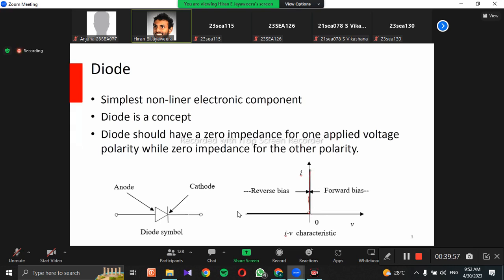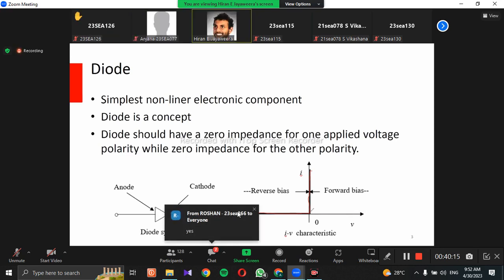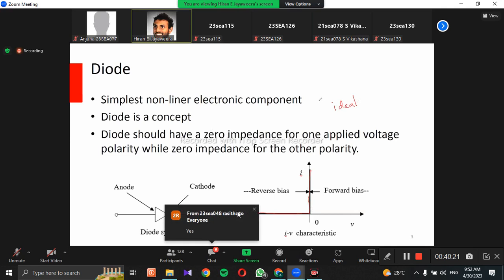When it is reverse bias, it should not conduct. Is this VI curve clear? It's the simplest concept, and we call this the ideal diode. That is the original concept of the diode.